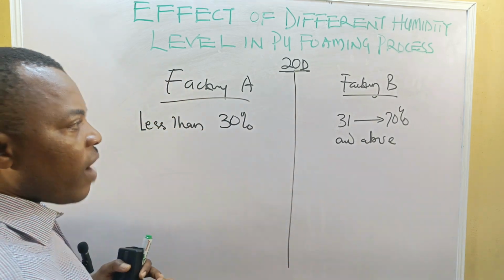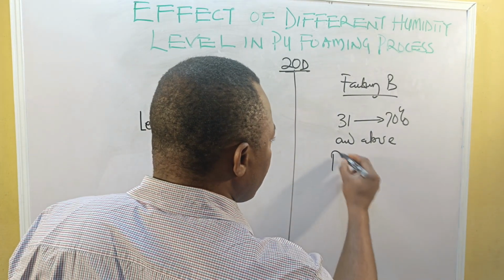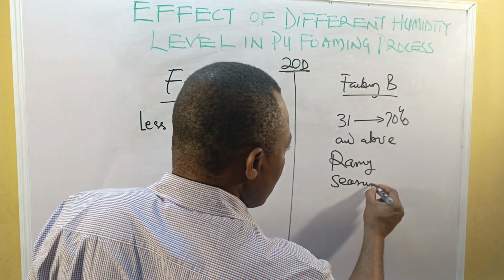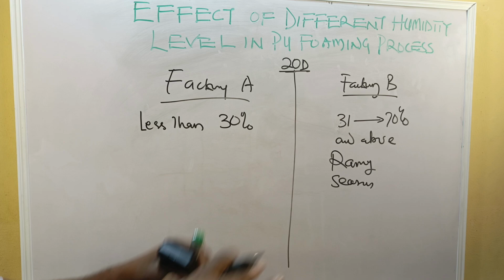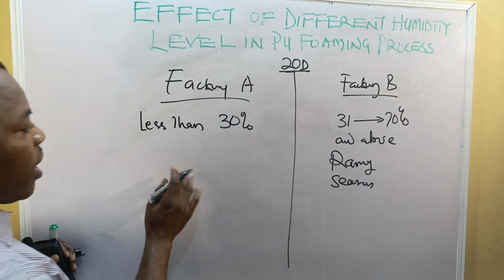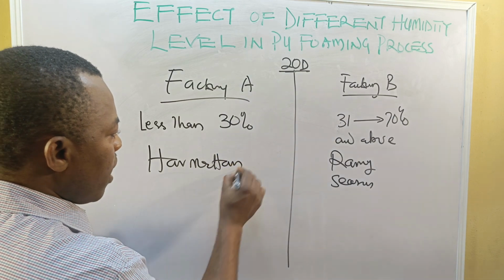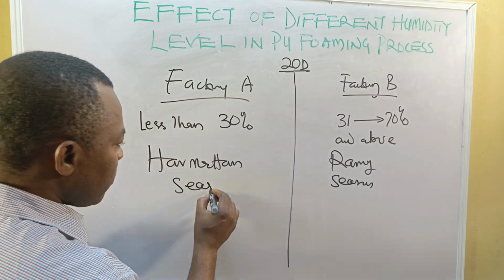From this value, you know that you are in the raining season. I'm using Nigeria as a case study here. Then here you know that you are in the Harmattan season.